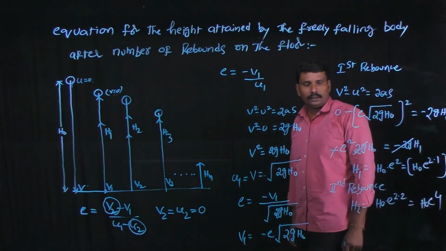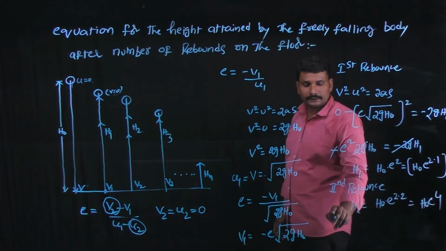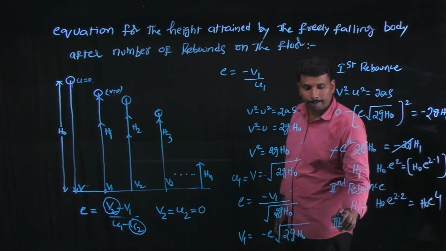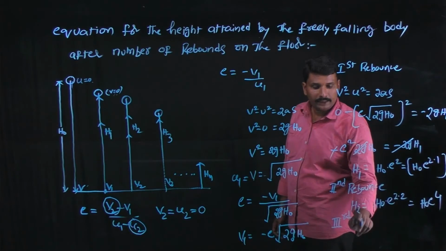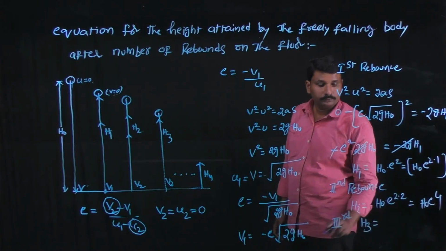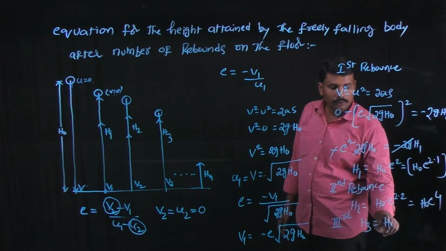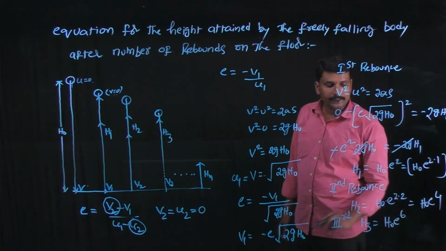Similarly, for the third rebounds, it is h3 equals to h naught into e power 2 into 3, it is 6.